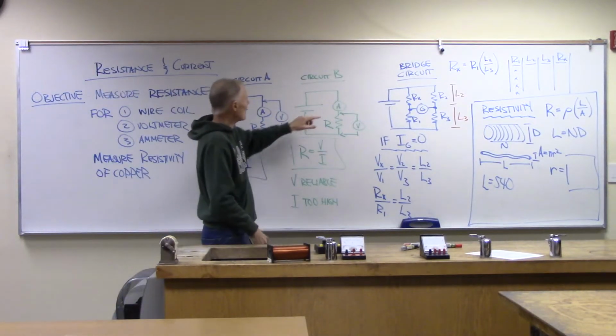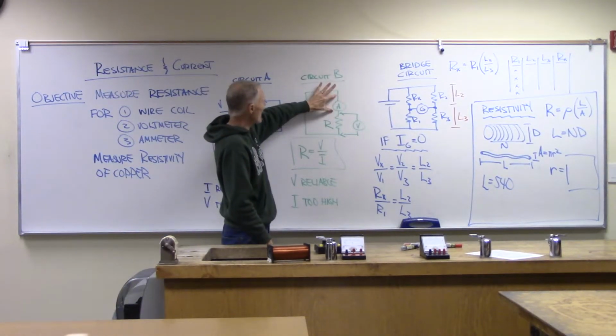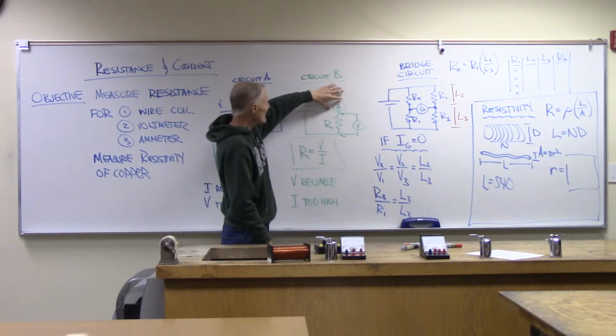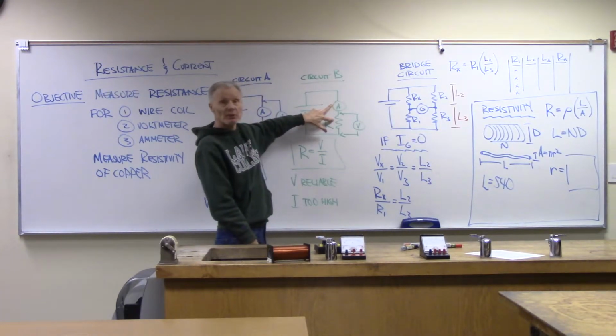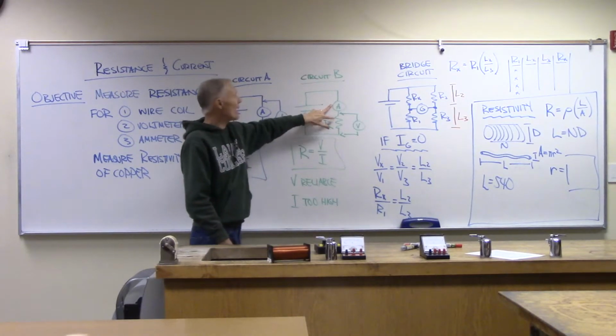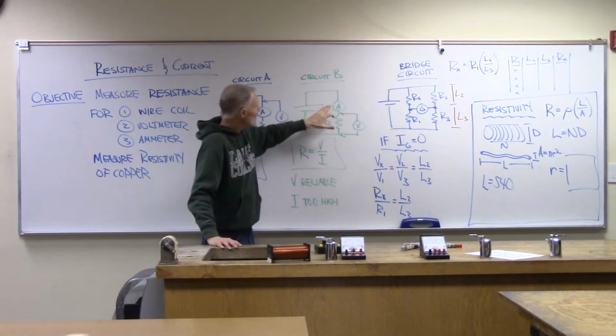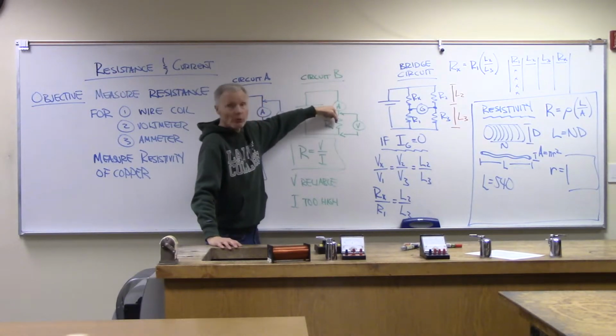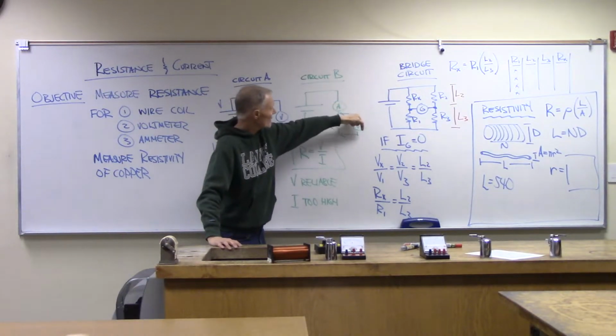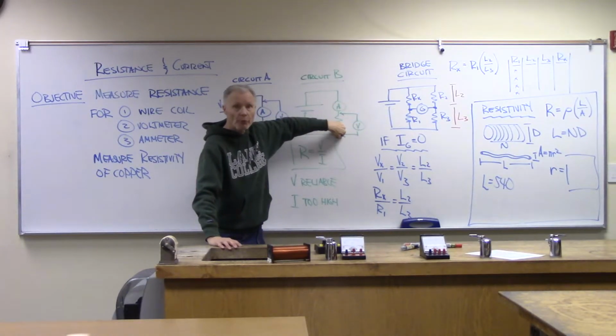The problem now is, since I've moved the ammeter out of that region, the ammeter now is not directly in series with the resistor. The ammeter is off on a different branch of the circuit, and by looking at this, I can see that some of the current is going to go through the resistor, but some of the current is going to go parallel through the voltmeter.